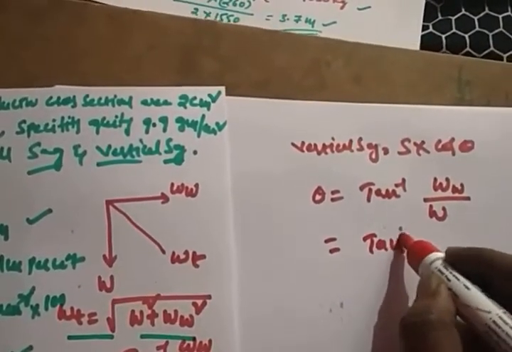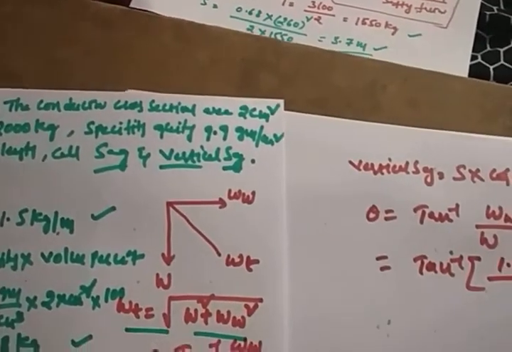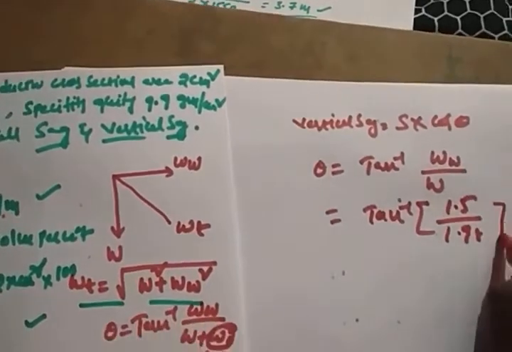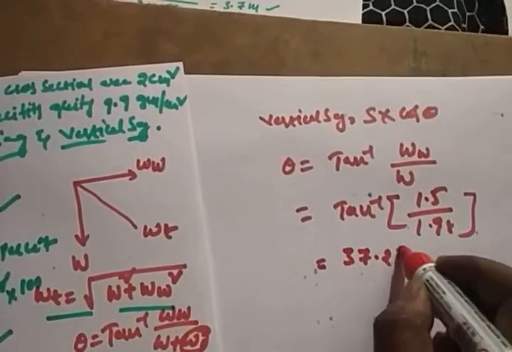You don't know the theta value. Theta is tan inverse of W by W, but you don't have WI, so you have to neglect it. Theta is equal to tan inverse of 1.5 by 1.98. If you calculate it, you will get the theta value 37.23.